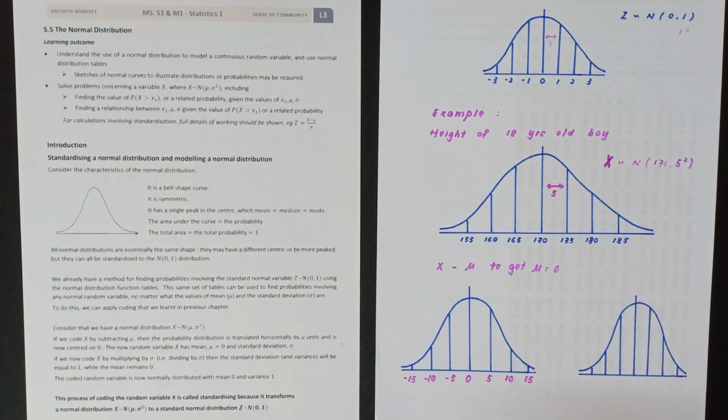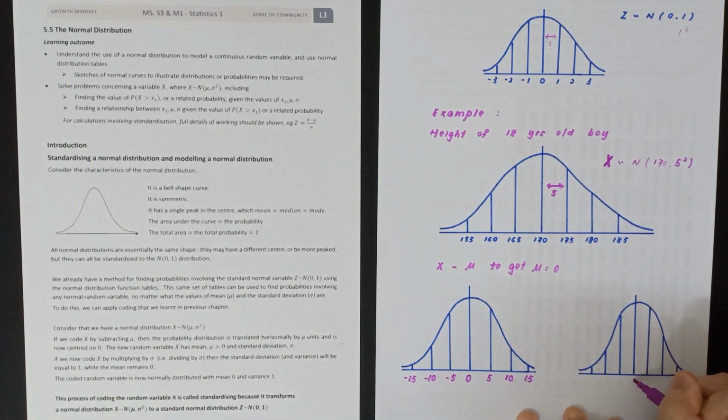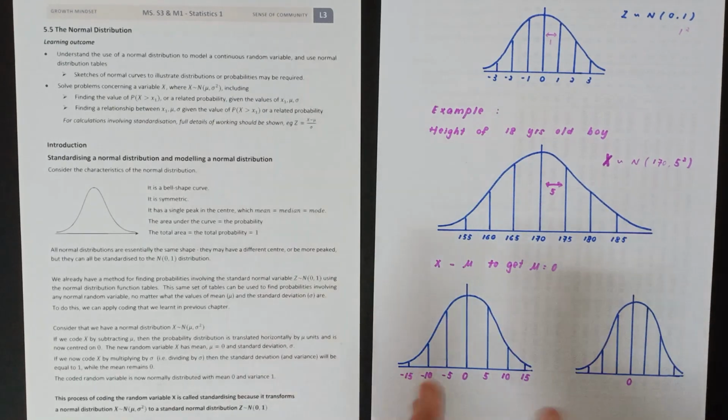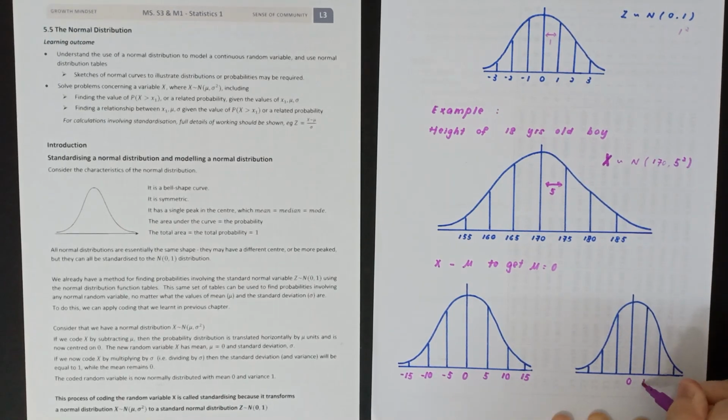So you can imagine you are going to stretch it, horizontally also. So instead of 0, 5, 10, 15, I'm going to stretch everything, like divide everything by 5. So meaning that my 5, 10, 15, I'm going to change into 1, 2, 3.